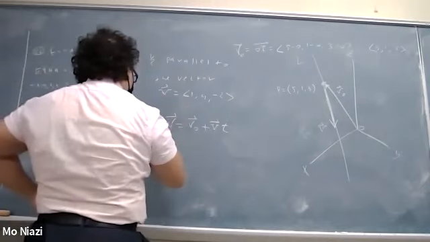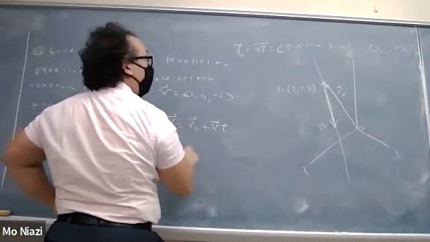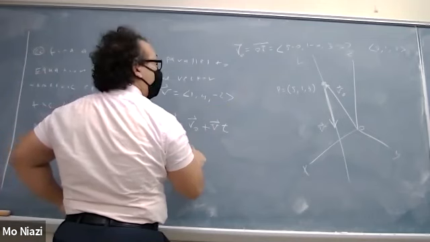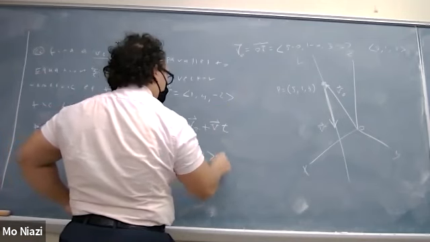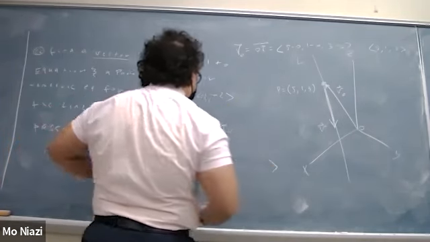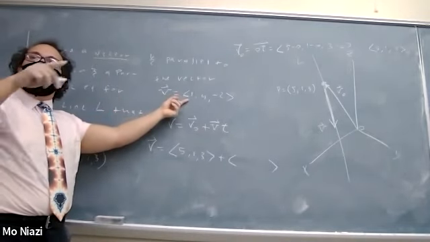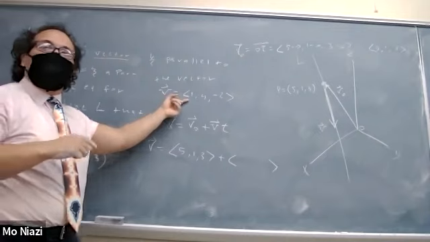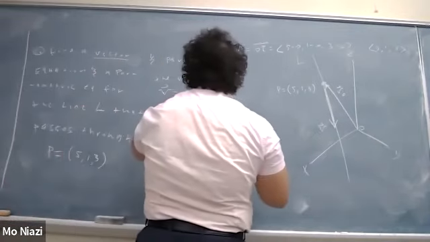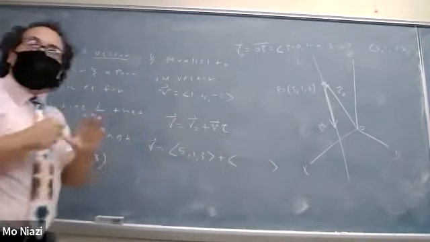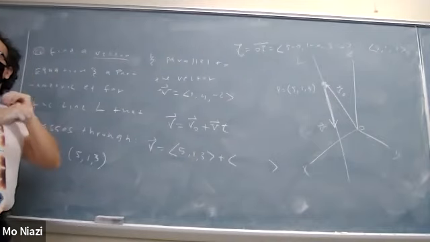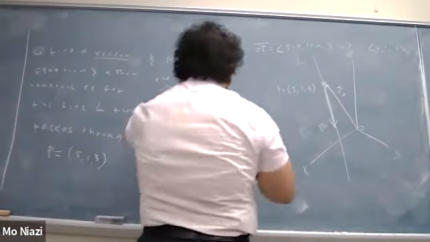Let's combine them. That means r is equal to, component-wise, r naught, which is (5, 1, 3), plus Vt. What is V? Here. t is just going to go to each of its components and scale it by t. t is a scalar, and it scales each portion of the vector, the x, the y, and the z, by multiplying each of its components.